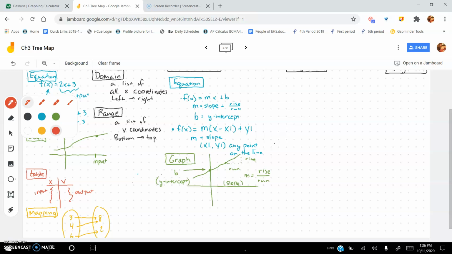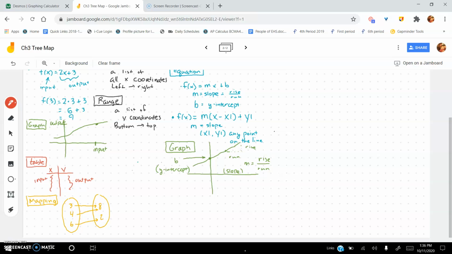And then we also talked about how you can have a linear function given to you in a table. If your linear function is given to you in a table, then you know you have a linear function if you see that your table has a constant rate of change.